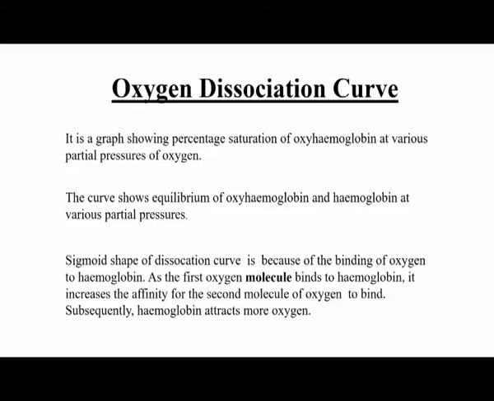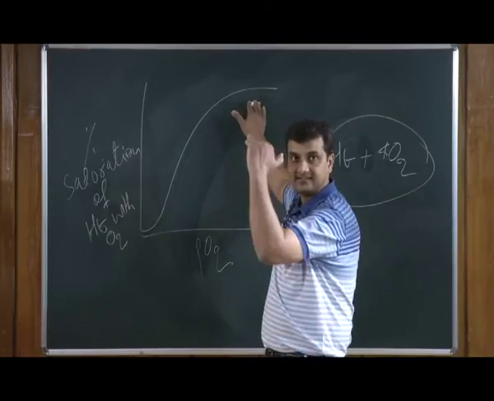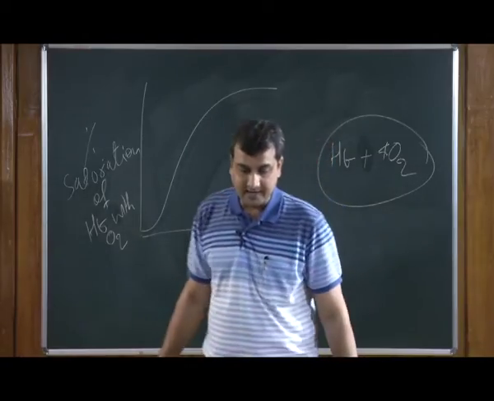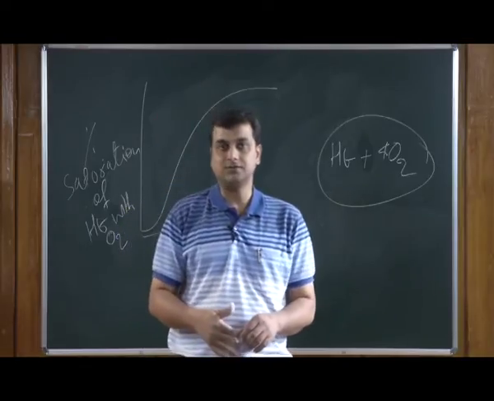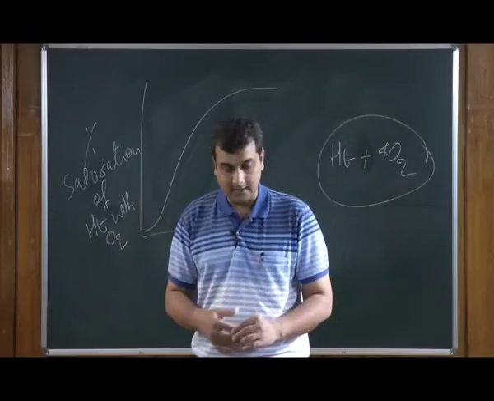As I discussed, when the first oxygen molecule binds to hemoglobin, it increases the affinity for the second molecule of oxygen to bind subsequently, and then the hemoglobin attracts more and more oxygen, and so definitely the highest capacity is 4. So, there will be a complete saturation point after complete binding. So, this is about the oxygen dissociation curve, which we have discussed in the class. This is just to summarize the whole phenomenon.